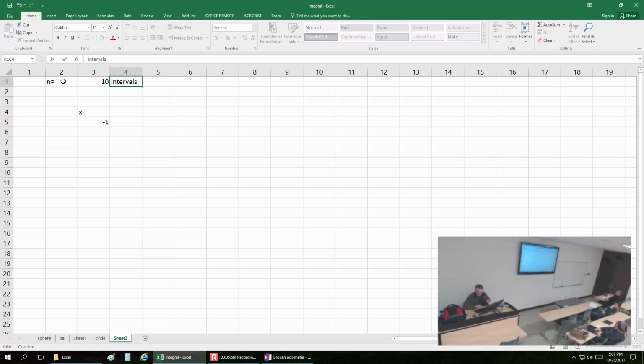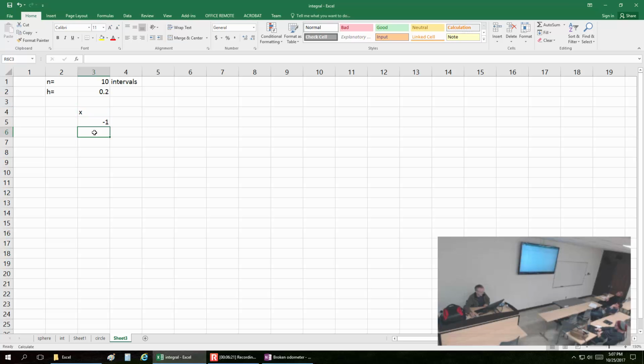You'll see it when we plot it. Then what is my delta x, or h step? It is my interval, which has length 2, divided by 10. Each step will be 0.2 as we progress from -1 to 1.